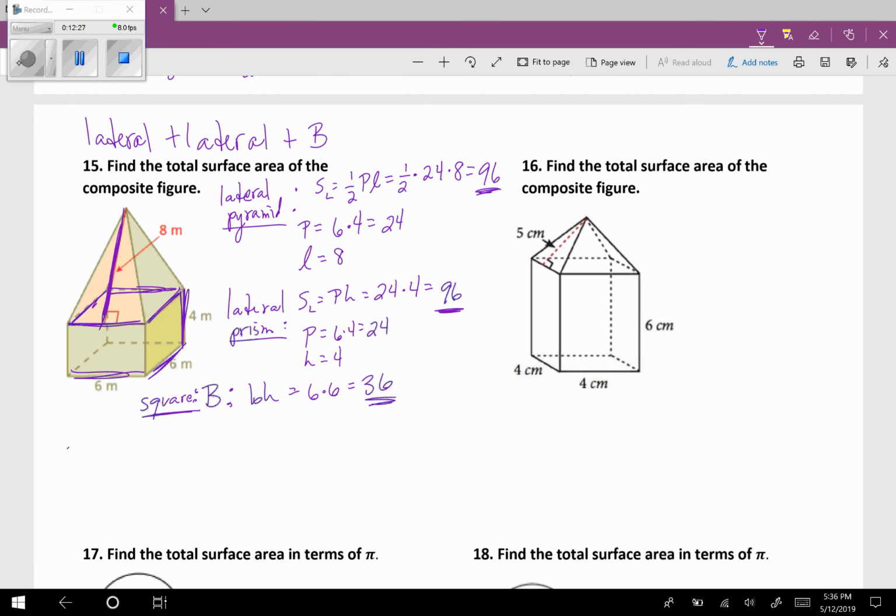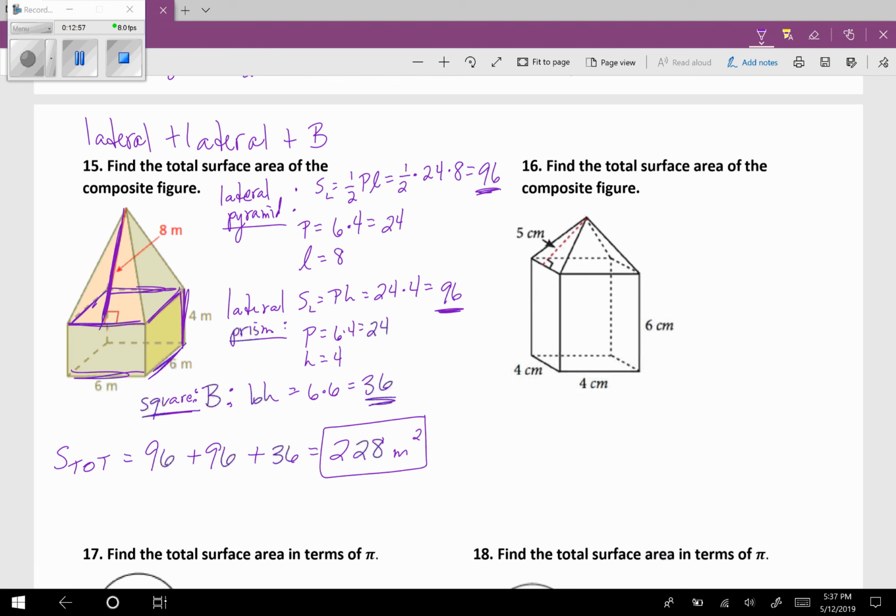And now to get our total surface area, we're just going to take the 3 parts and add them together. Lateral of the first one plus the lateral of the second one plus the area of the base. When you add these 3 numbers together, you'll get 228, and it's meters squared.